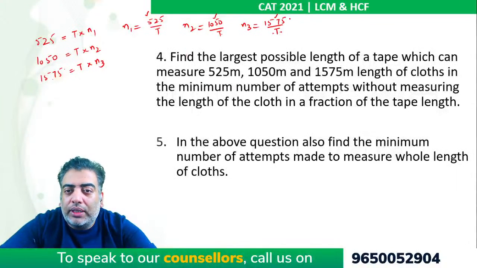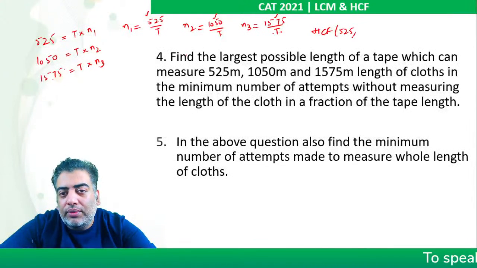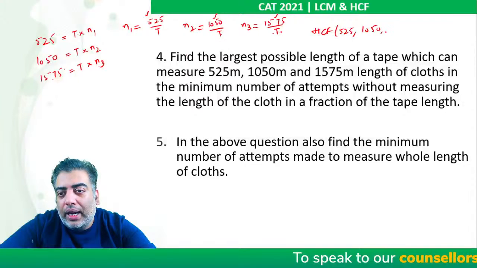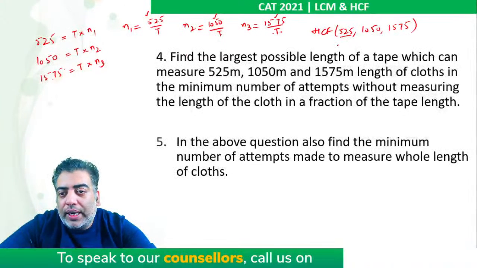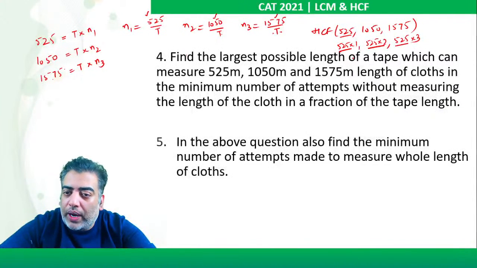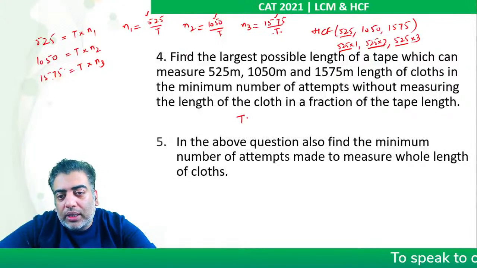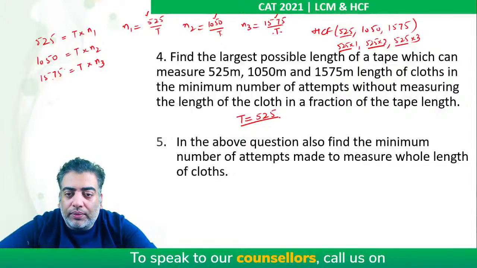So effectively the question talks about HCF of 525, 1050 and 1575. So this is 525 into 1, this is 525 into 2, and this is 525 into 3, and we can see the HCF of these three comes out to be 525. So the largest possible length of the tape will be 525.